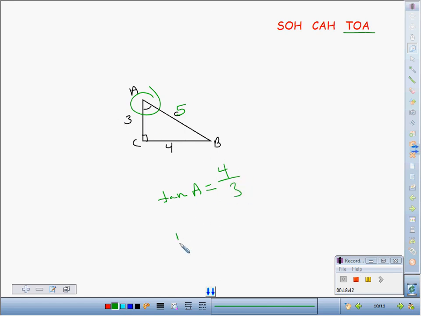So you would then do the tangent inverse of 4/3, since you didn't know the angle measure, to get A. If you wanted to do the sine of A, sine is opposite over hypotenuse, so the sine of A would be the opposite over the hypotenuse, and you do the sine inverse and you get the same number. So it's all about, if you know too much information, just do something. Figure out what you want to do.